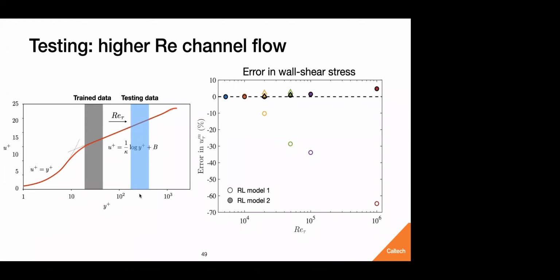There's one way to mitigate this, and that is to reduce the grid resolution. So refine the grid so that your testing and training data line up in the same region in the flow. And that's what we did with these triangles here. You can see that when you refine the grid, you get a much better prediction of the wall shear stress.